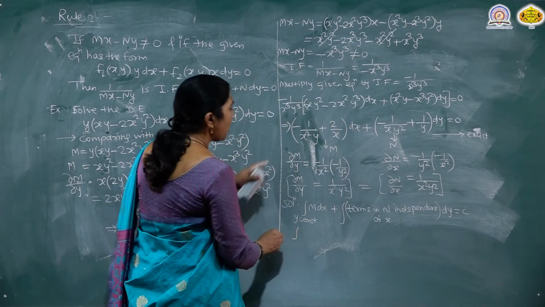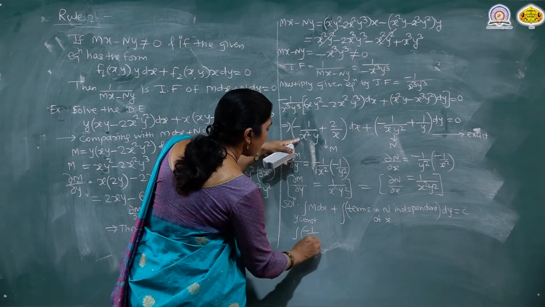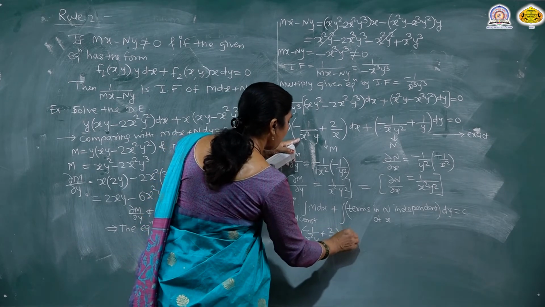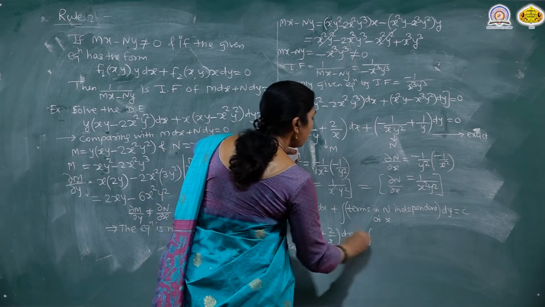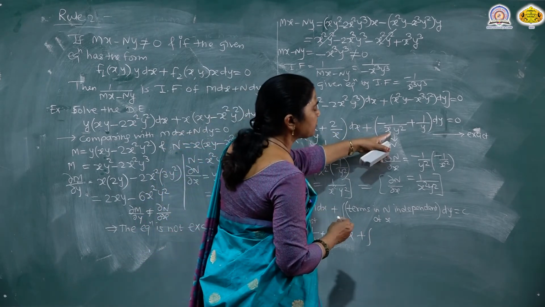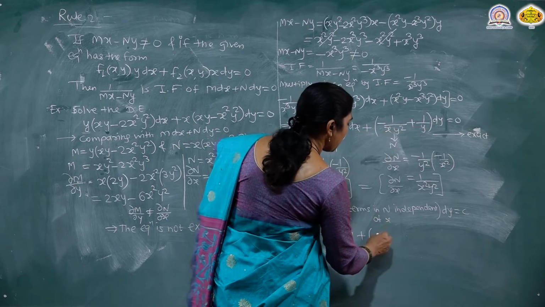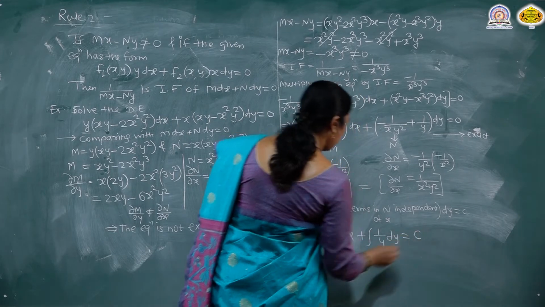So integral M dx, M becomes minus 1 upon x square y plus 2 upon x dx over y constant, plus terms in N independent of x. This term contains x, so we neglect this term. Only this term remains, that is 1 upon y dy is equal to c.